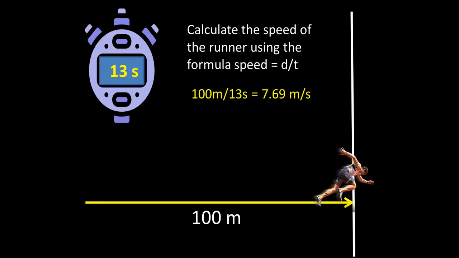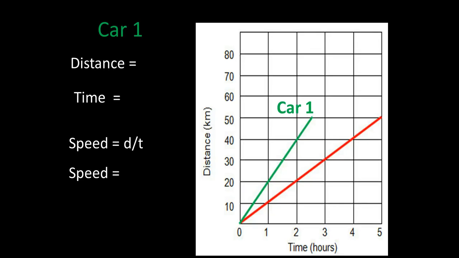All right, another thing that you'll probably be asked to do in the unit is to calculate the speed of an object by analyzing a line graph. And so we have two examples here, car 1 in the green, and we'll first take a look at the end point of that car, and we can see that its distance was a total of 50 kilometers.